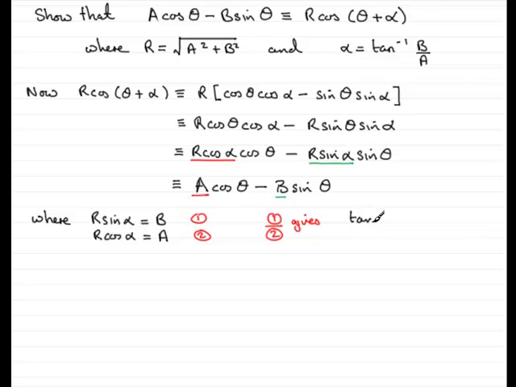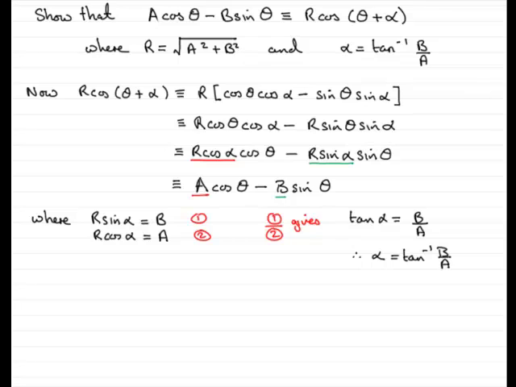So tan alpha equals b over a. If I take the inverse tan of both sides, alpha equals the inverse tan of b divided by a. And that proves this result.